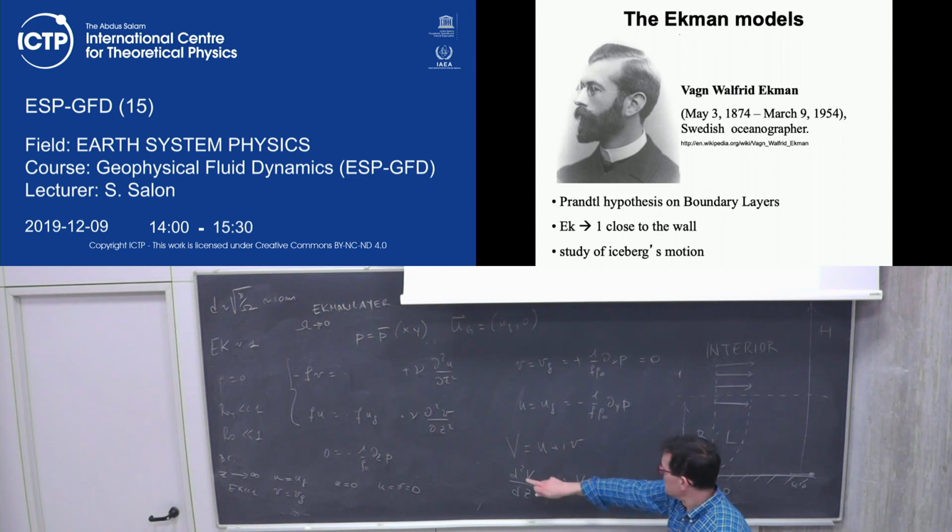So if you rewrite this, you will have an equation like this, which of course gives you solutions similar to A e to the lambda z. So the capital V will have solutions which are exponential. Okay?